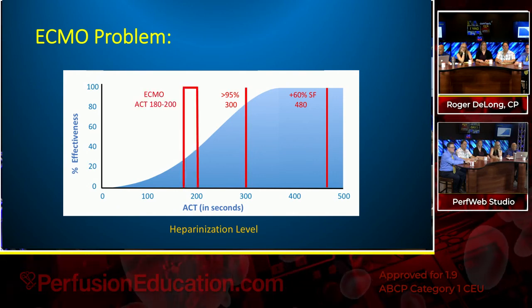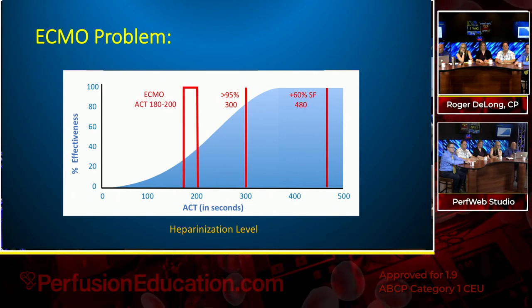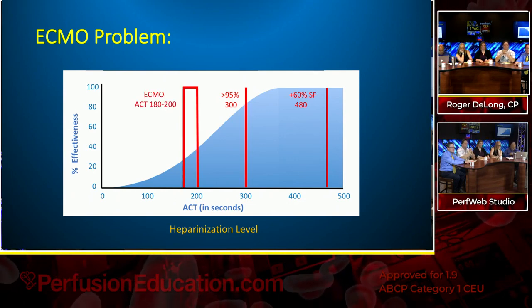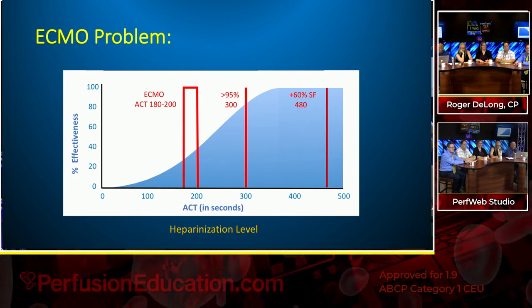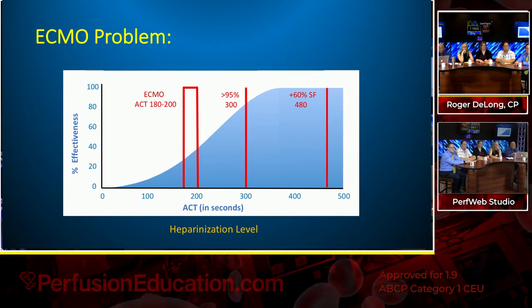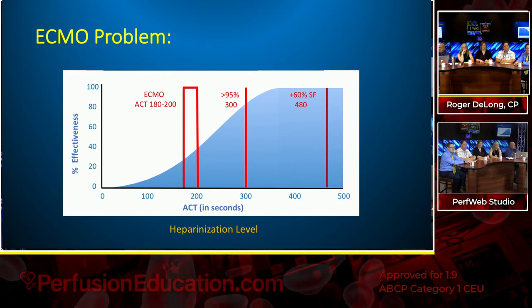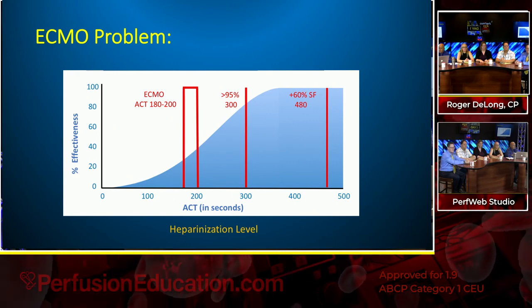Next slide. But in the world of ECMO, similar to the cath lab, we're dealing with ACTs of 180 to 200. In the cath lab, you get away with it. You've got a wire, it's in place for an hour. But on ECMO, you're in there for weeks, if not months. So we're virtually assuring that there's going to be clot constantly growing within all of the patients.